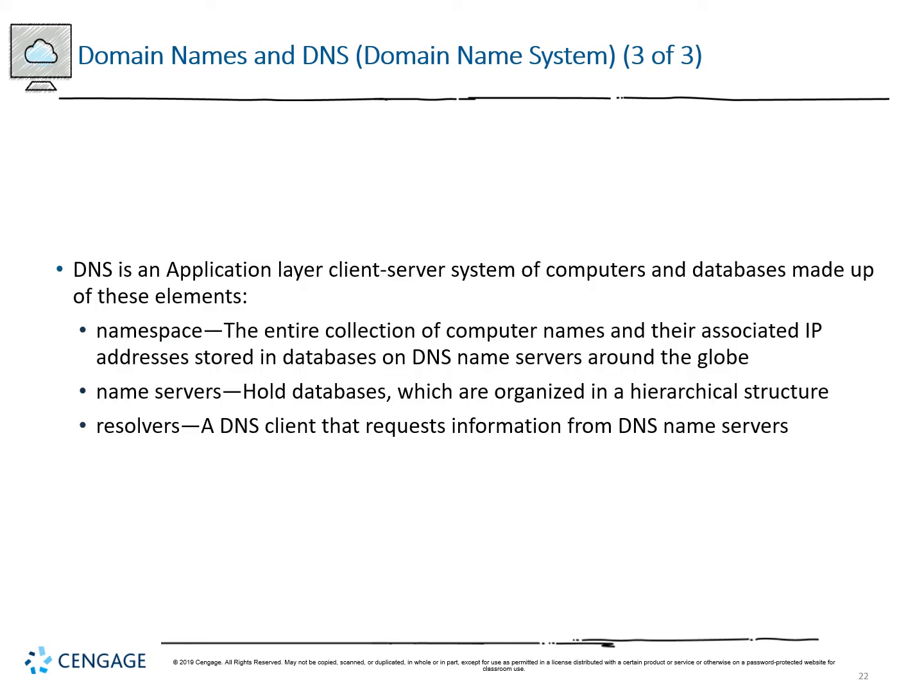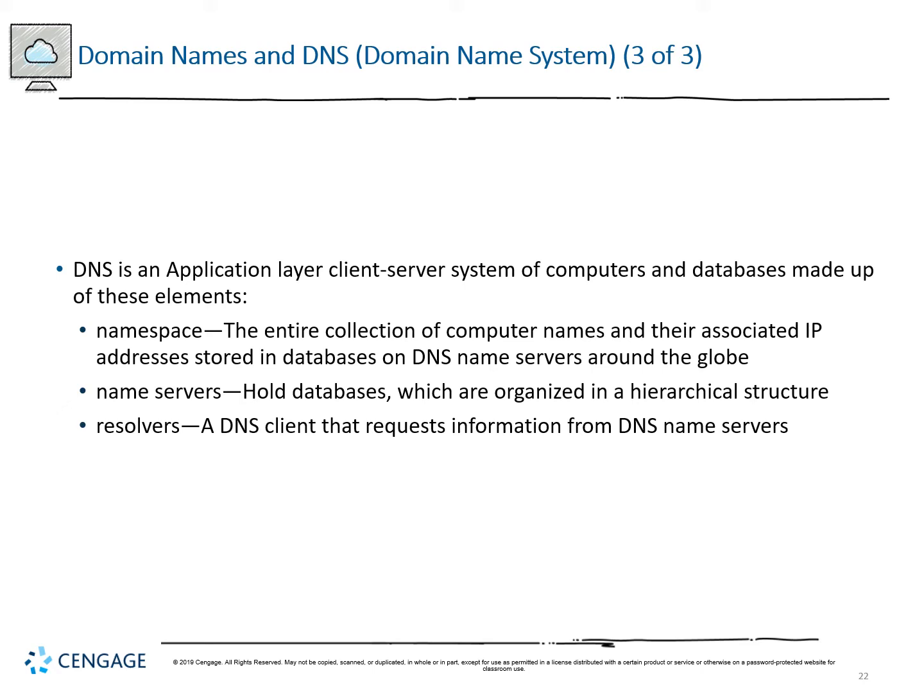DNS is an application layer client-server system of computers and databases made up of three primary elements: namespace, name servers, and resolvers. The namespace is the entire collection of computer names and their associated IP addresses that are stored in databases on name servers across the planet. Now, name servers hold databases which are organized in a hierarchical structure and provide access to this namespace by means of subdivisions.